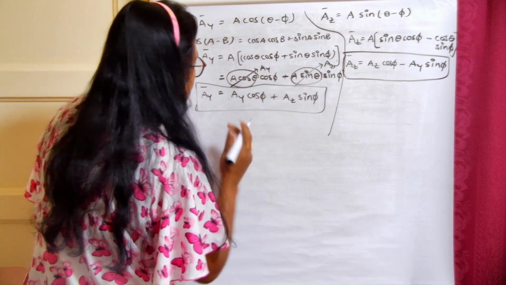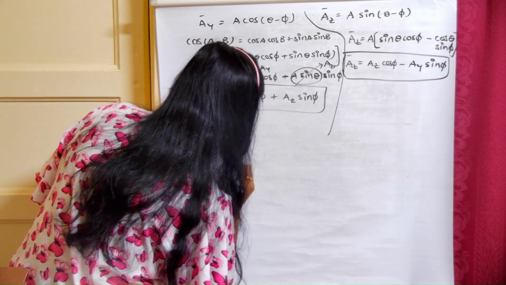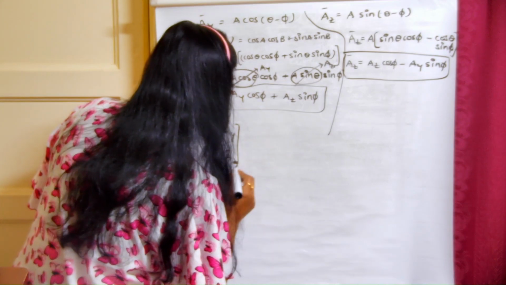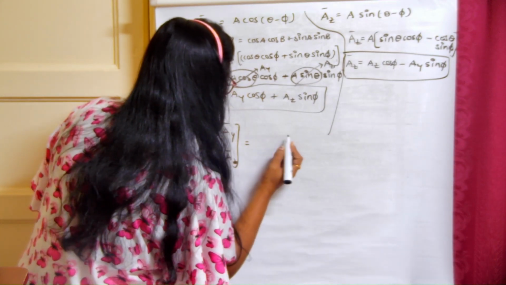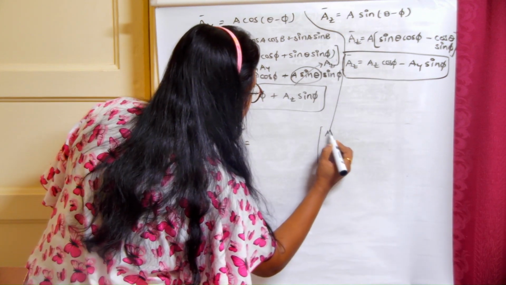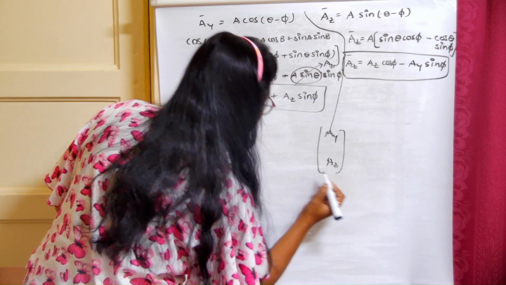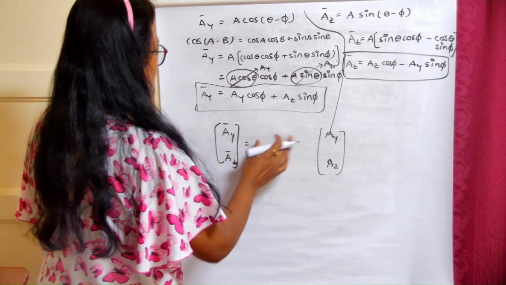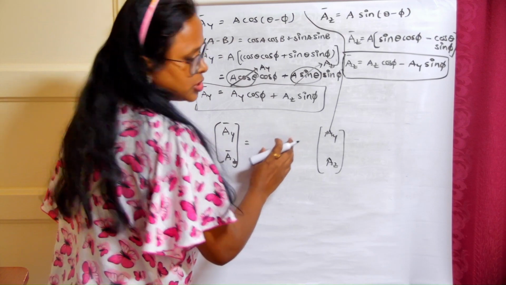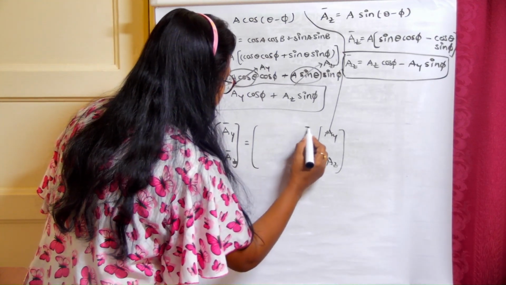So now let me put them all together into matrix form. These are the new coordinates and these are the old coordinates. Here comes the transformation matrix corresponding to the transformation that happened.